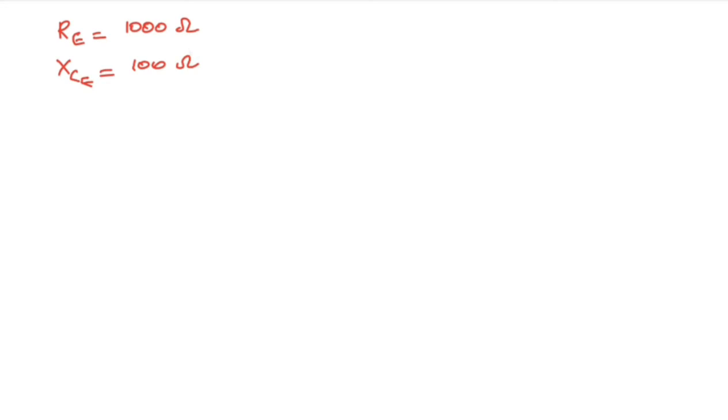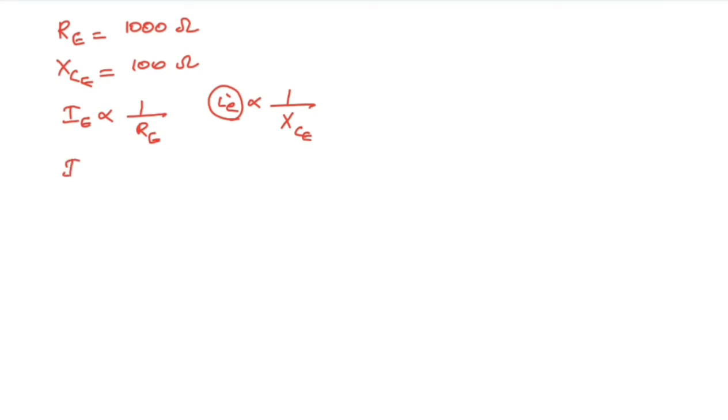We know that by Ohm's law, current is inversely proportional to resistance if the voltage across is constant. So capital I is proportional to 1 by RE. Small i is proportional to 1 by Xce, because the AC signal is passing through the capacitance, so the capacitive reactance is Xce.